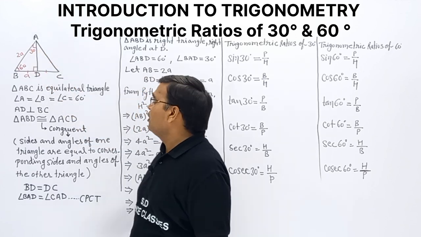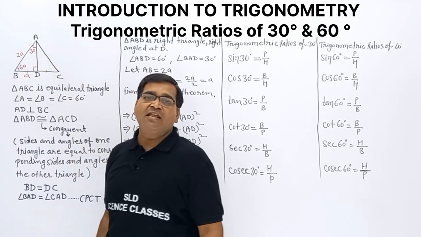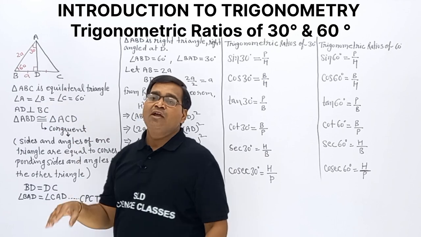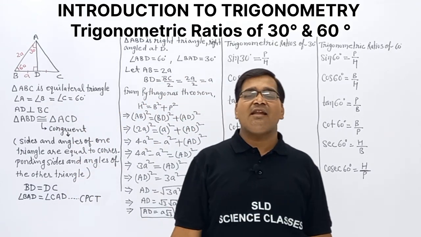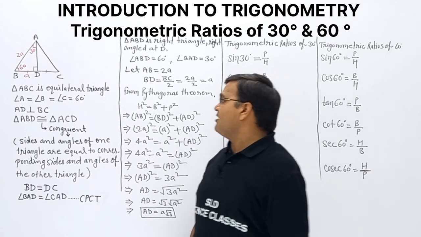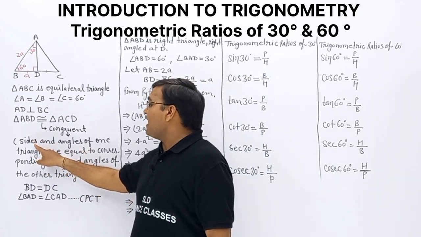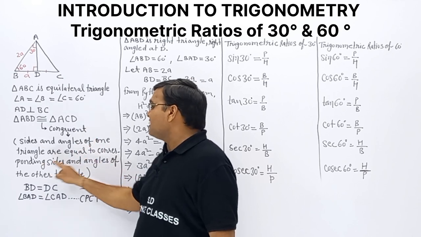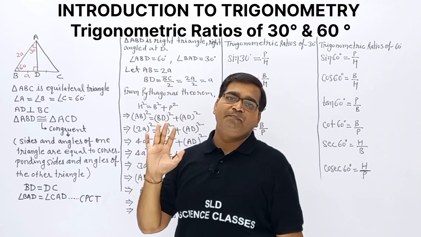So once we draw the perpendicular line AD on BC, we get two triangles ABD and ACD, and both are congruent. Once two triangles are congruent, the sides and angles of one triangle will be equal to the corresponding sides and angles of the other.